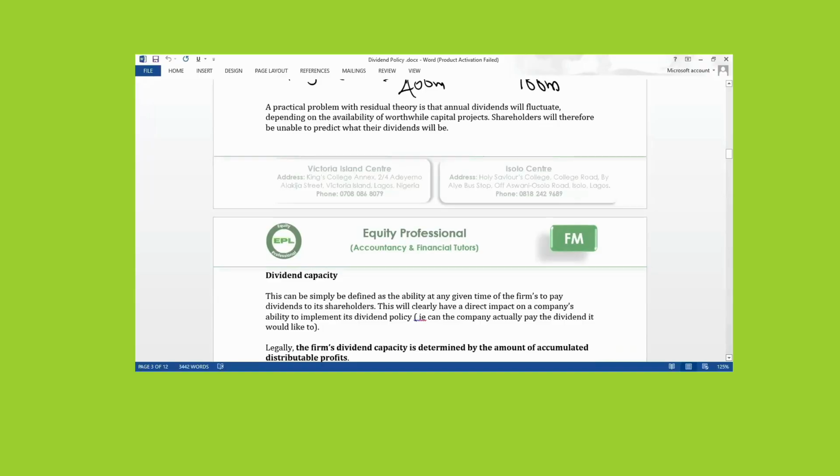Dividend capacity measures the ability of the firm to pay dividends to its shareholders. Dividend capacity has a direct impact on the company's ability to implement a dividend policy.